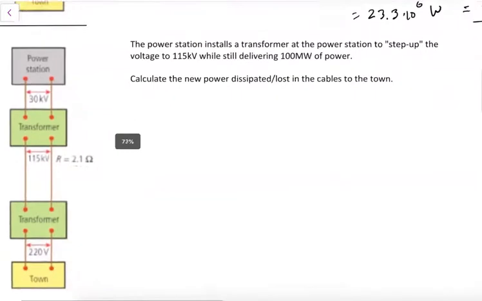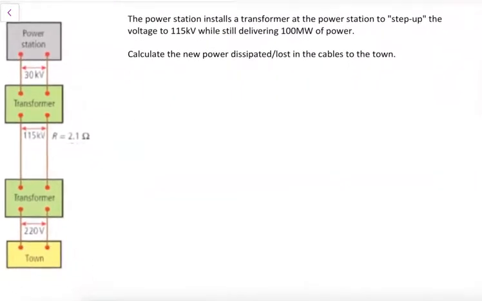So the next problem is, let's try to make this more, not the correct word, but efficient. Let's not have so much power loss. So the power station installs a transformer at the power station to step up the voltage, and it steps it up to 115 kilovolts, while still delivering the 100 megawatts of power due to power conservation or energy conservation.